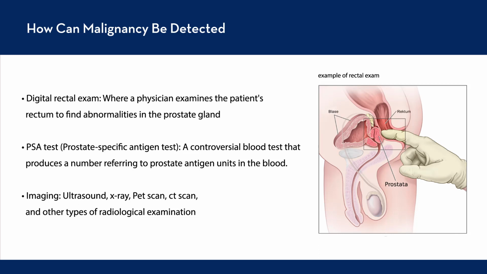However, on the other side, studies have shown if men are at high risk of prostate cancer, particularly if there's a hereditary predisposition to prostate cancer, or if the man is African American, men may be at increased risk of more aggressive prostate cancer.